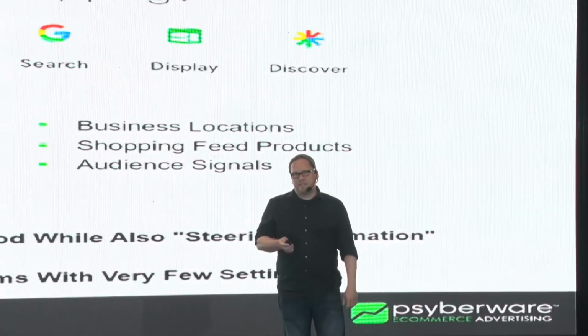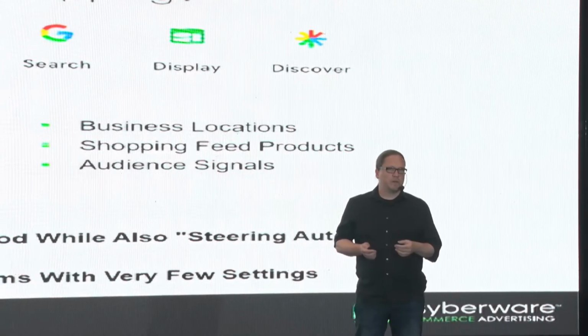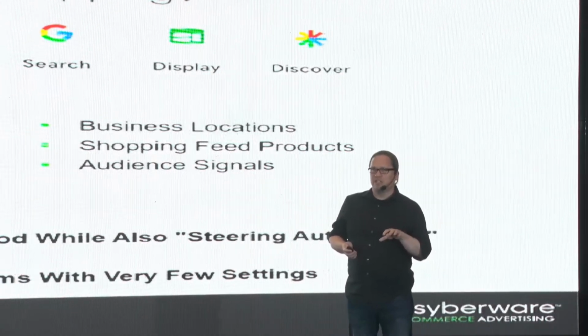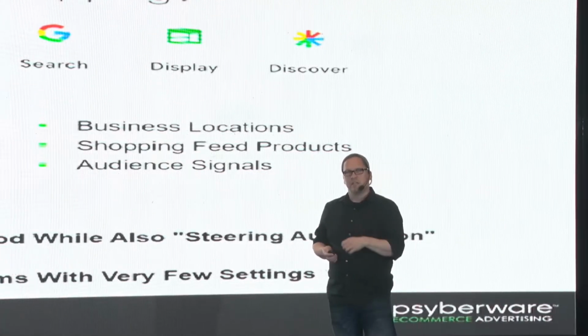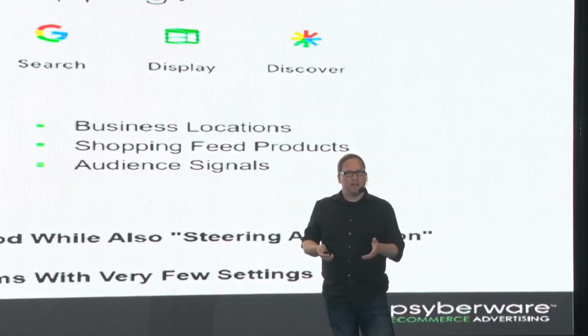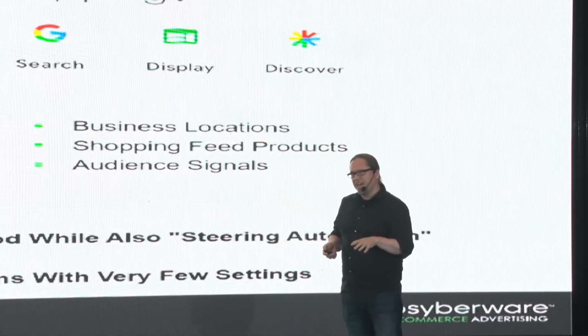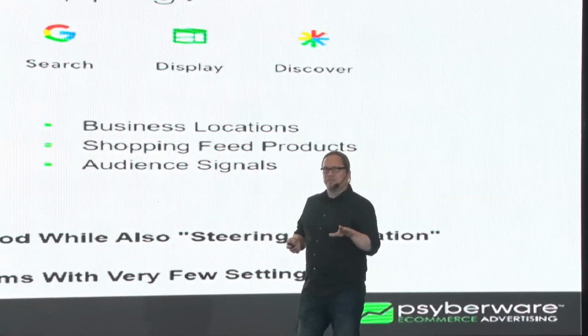A key difference with Performance Max campaigns actually has to do with how audiences work. Traditionally, Google campaigns could target particular audiences, or you could provide some information about bid adjustments to use with audiences, right? These new campaigns don't really have either of those features.